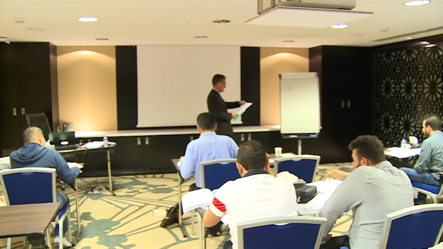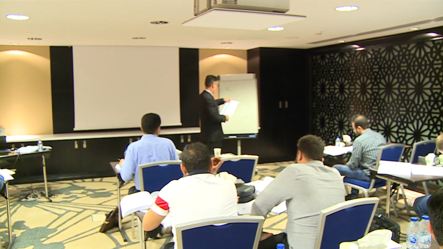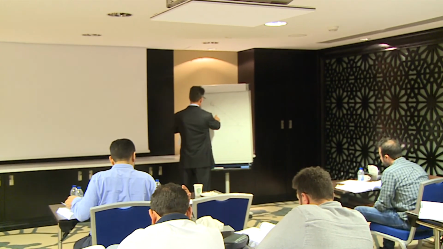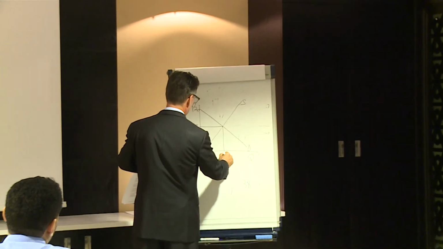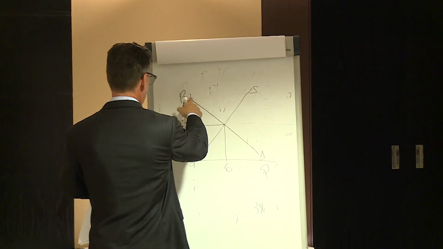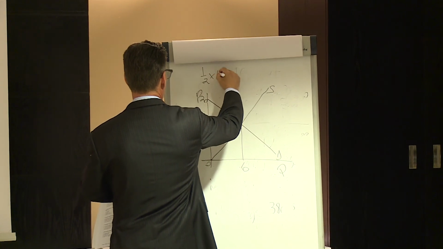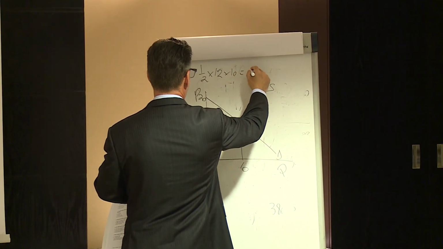Okay, so let's do the answer to this one, you guys. What's the equilibrium price? 8. And the equilibrium quantity? 10. And so the height of this triangle is what? 12, and the base is 10, so 1/2 times 12 times 10 is equal to 60.